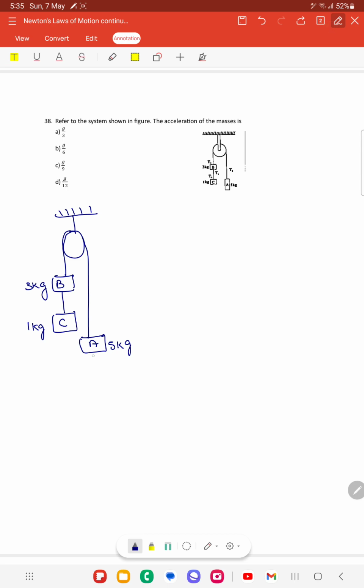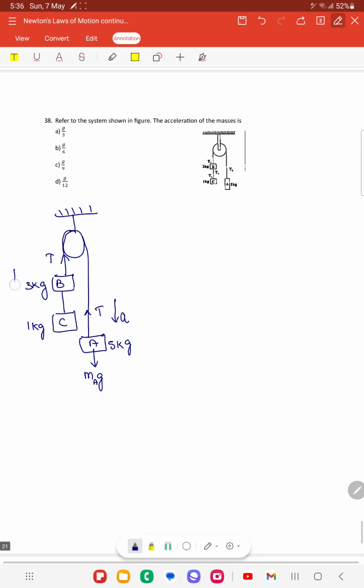So if you consider the object A, here we have the weight acting, that is MA into G, and the tension T. Here 5 kg is greater compared to the masses of B and C. Therefore, the acceleration will be in a downward direction. Here for B and C, the tension T acts in the vertically upward direction.